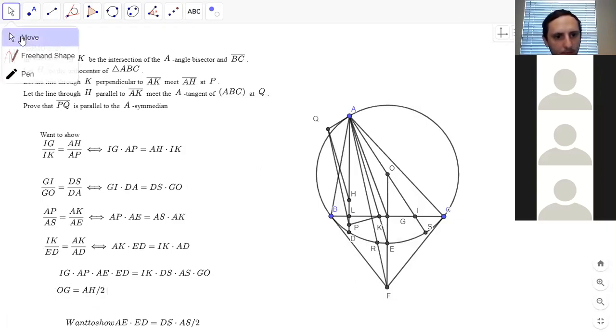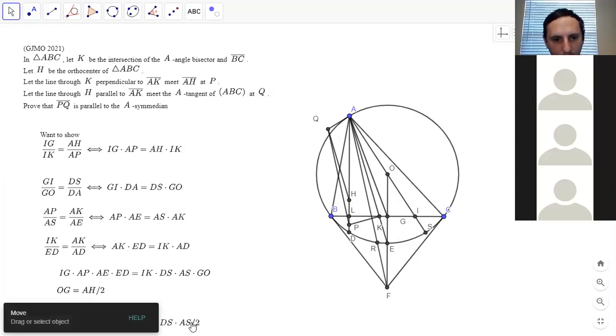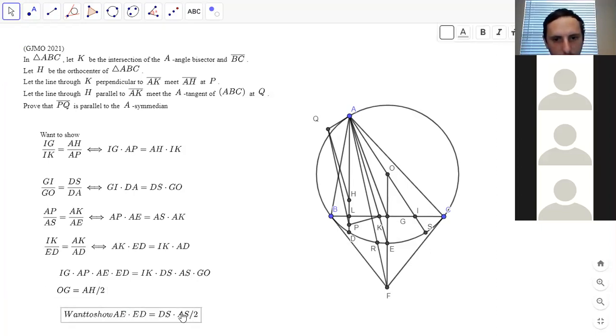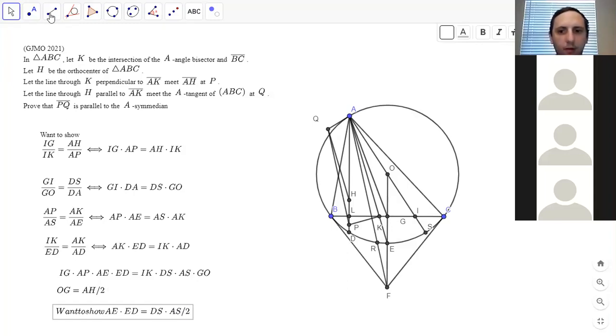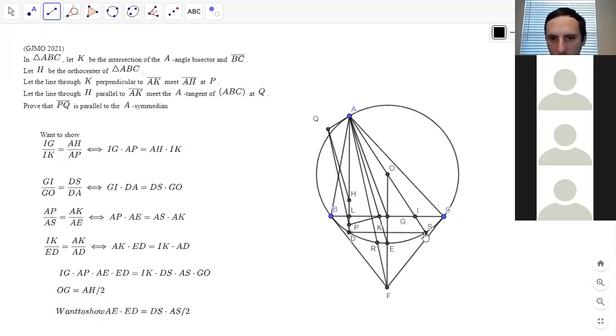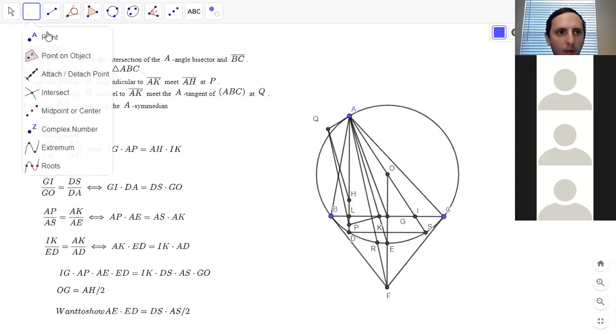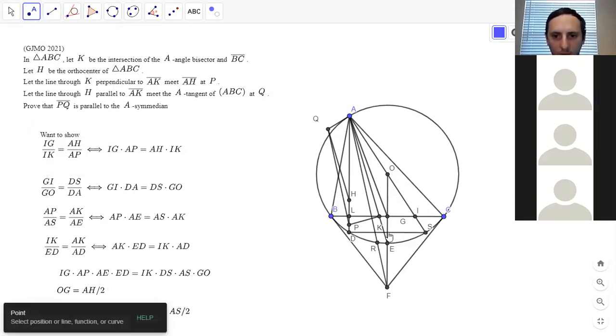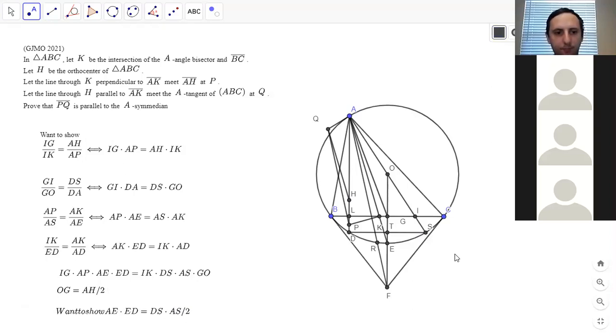Which means we need to prove that. Could you let DS cut OE? I'll let DS cut OE. So DS over 2 is DT, right?